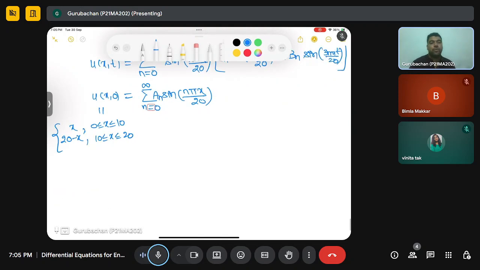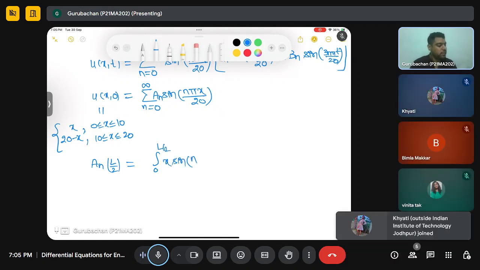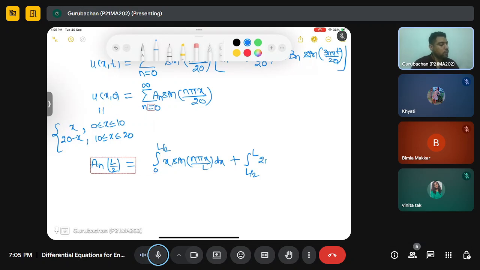So you will again use the orthogonal property, and that orthogonal property will give you L by 2 integral 0 to L by 2 of x sin(nπx/L) dx plus L by 2 integral 10 to 20 of (20 minus x) sin(nπx/20) dx. We have given L, so we may write it here 10 and this is 20.